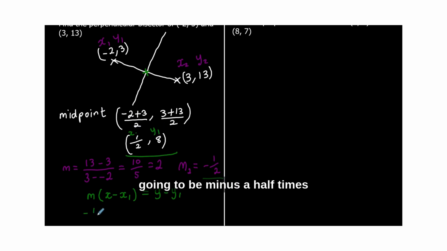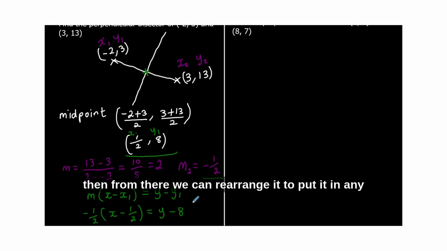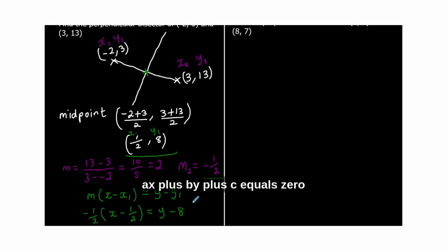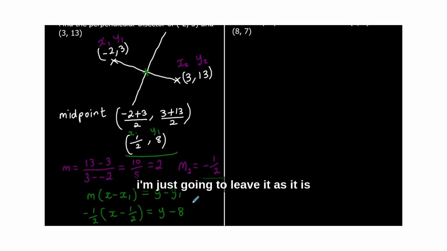That's going to be minus a half times x minus a half equals y minus 8. And then from there, we can rearrange it to put it in any form we're asked for. y equals mx plus c, or ax plus by plus c equals 0. Either one. But I'm just going to leave it here for now. I'm not going to rearrange it.